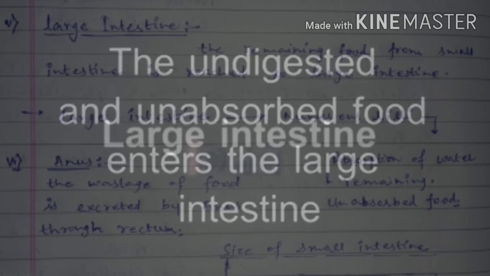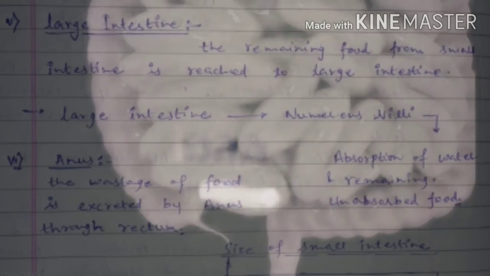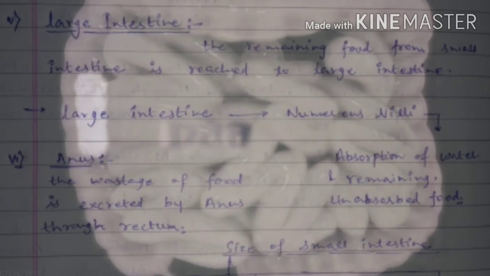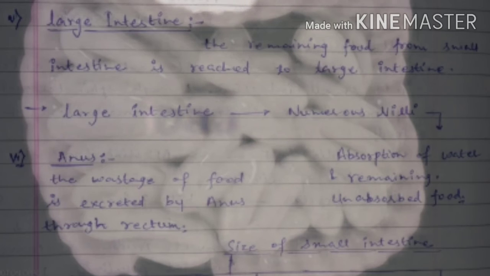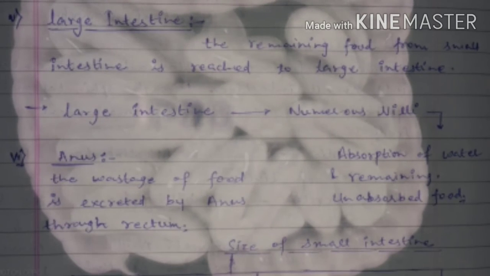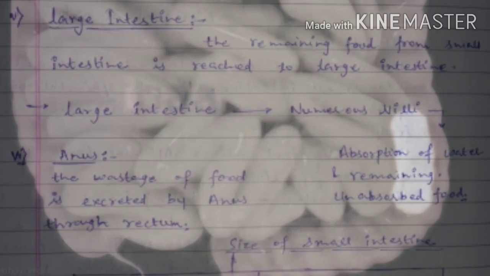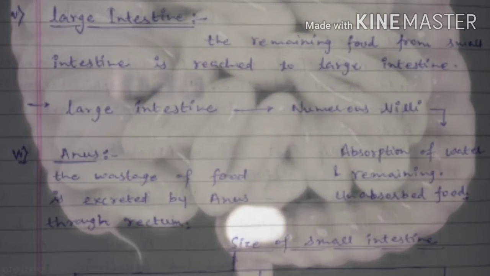The large intestine has more villi which absorb water and the remaining unabsorbed food. Then the waste is transferred to the anus through the rectum, and finally the waste is excreted through the anus.